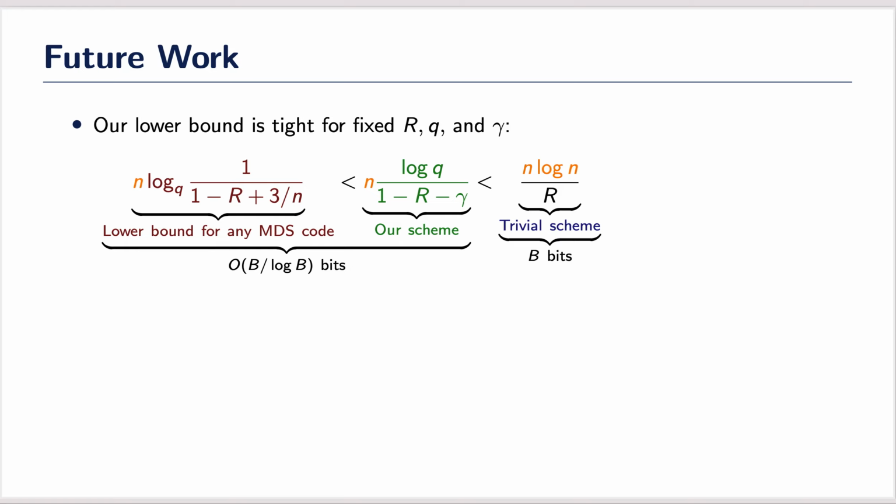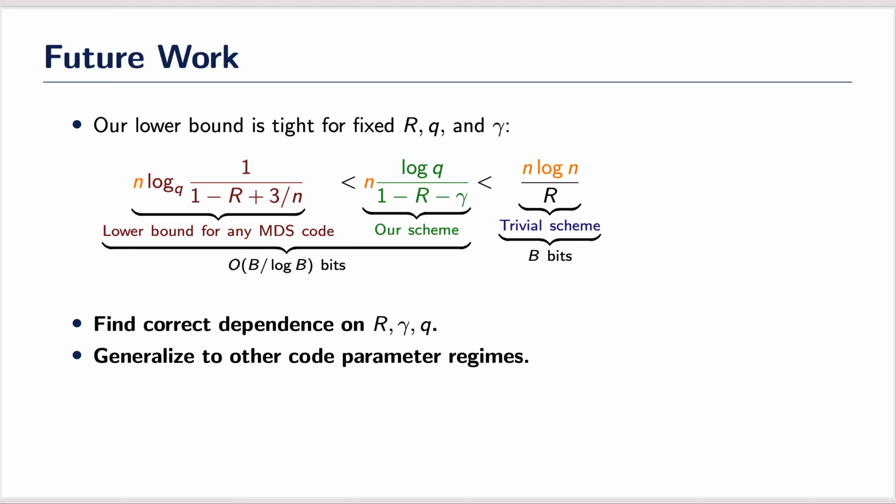And then the trivial scheme would actually be order n log n bits, right? So there is this gap for future work to just find the correct dependence on the rate and q. And also, I haven't mentioned before what gamma is. Little gamma is just the fraction of failed nodes here. So it's a direction for future work to find the correct dependence on those quantities.